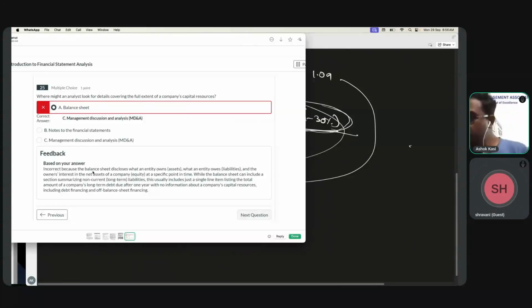The balance sheet discloses what an entity owns, that means all that it has already done, and what an entity owes, and the owner's interest in the net assets of the company at a specific point in time. While the balance sheet can include a section summarizing non-current liabilities, this usually includes just a single line item listing the total amount of the company's long-term debt due after 1 year, with no information about the company's capital resources.